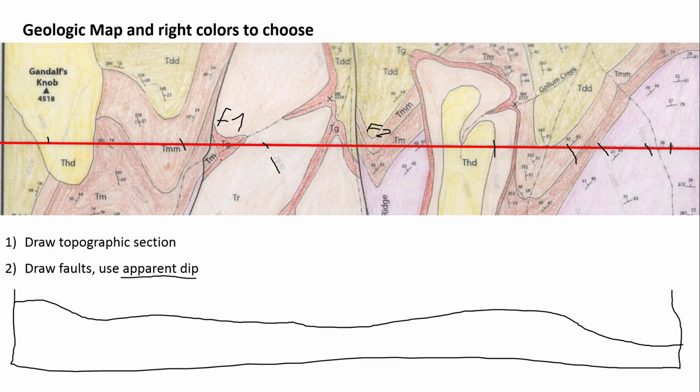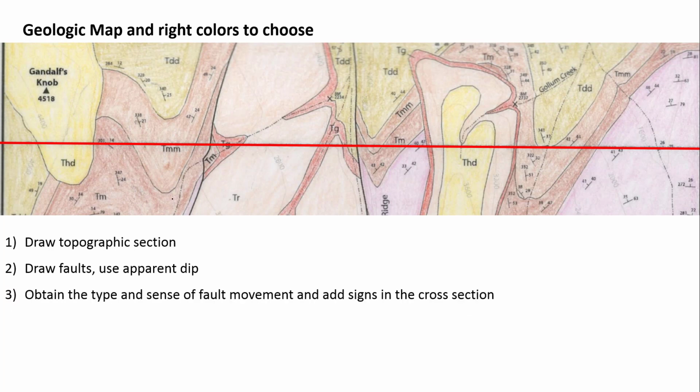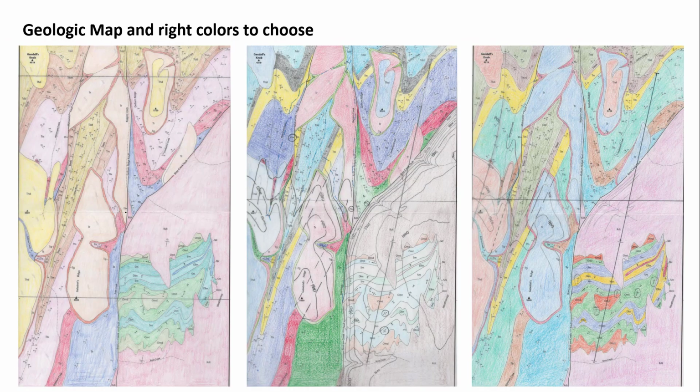Again, use the same piece of paper, place it between A and A prime, make a note for fault 1 and fault 2, and take that piece of paper and place it here, and then make a sign for F1 and F2, and then you know that the faults are dipping towards west. If you go to the map, you see the fault is dipping towards west. 45 degrees, 75 degrees.